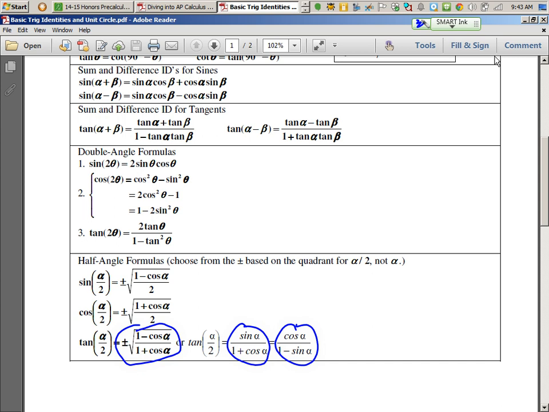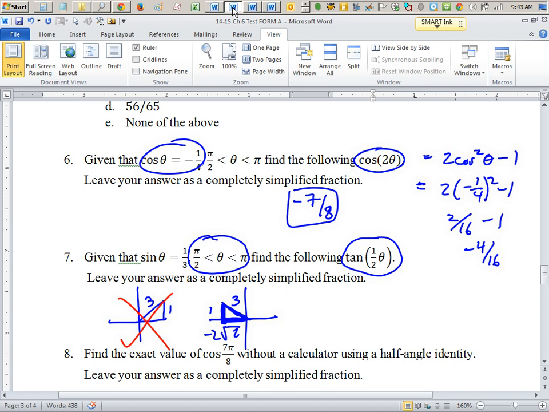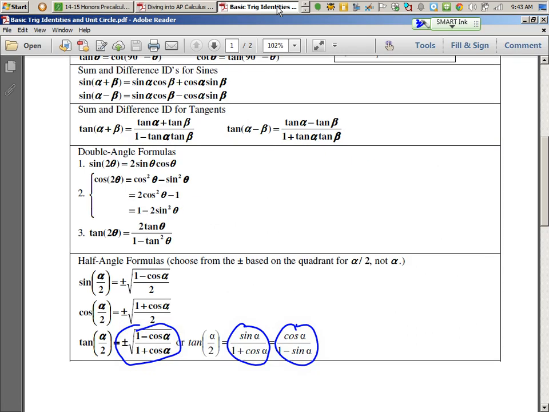So I suggest we choose one of these. Let's go back to our picture real quick so we can decide which one we want to use. It looks to me like cosine is going to be a little ugly because it's got this 2 root 2. So if you look at your identities, I would really like ugly on top, not ugly on bottom, if you know what I mean. So I'd rather have the cosine upstairs.